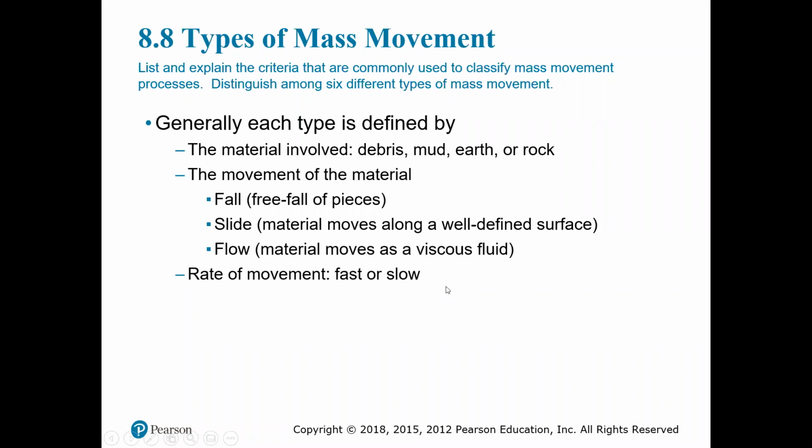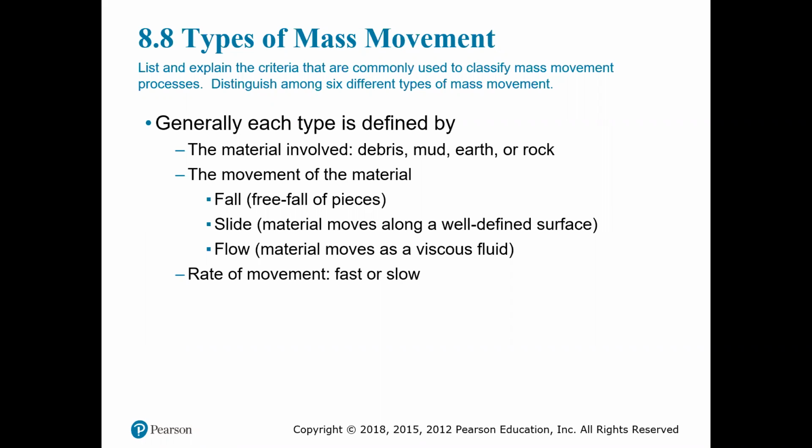So the last thing we're going to talk about here in Chapter 8 are the different types of mass movement. We can classify mass movements by the type of material involved, the kind of motion, and the velocity of the movement. If soil and regolith dominate, then we can use debris, mud, or earth.